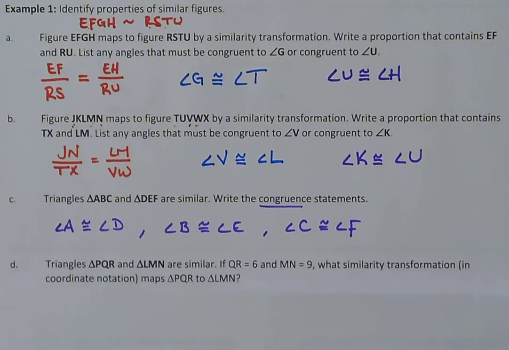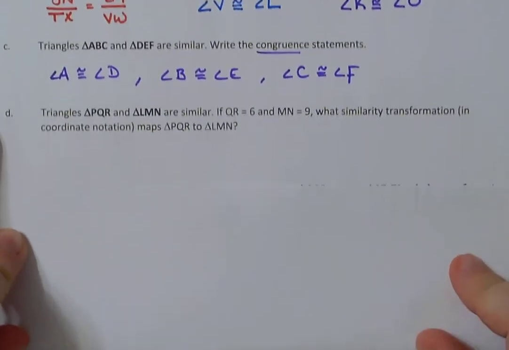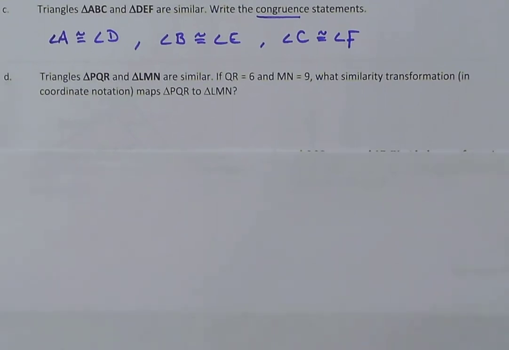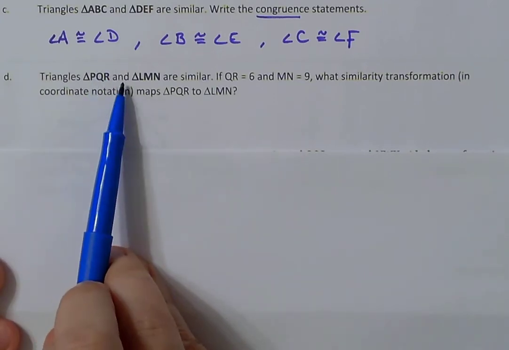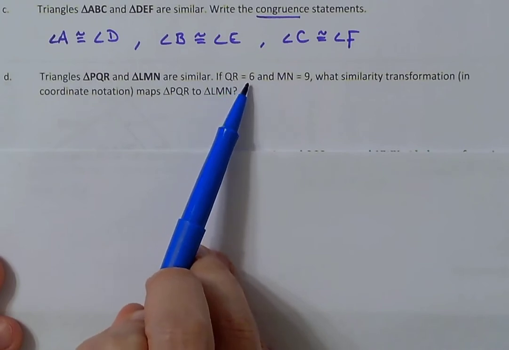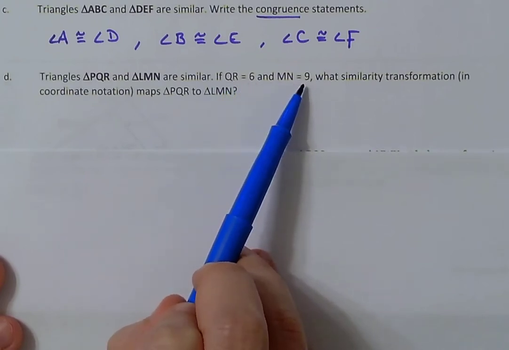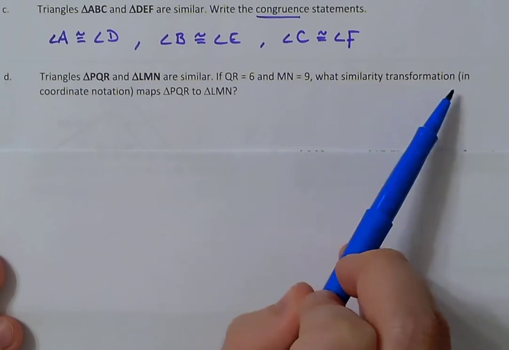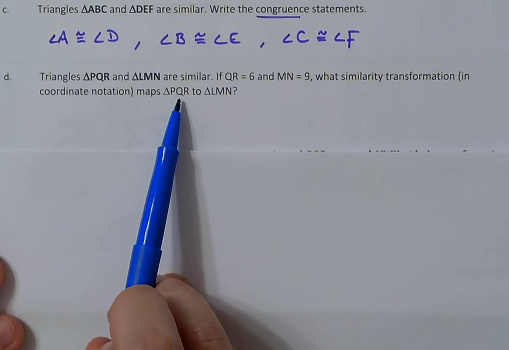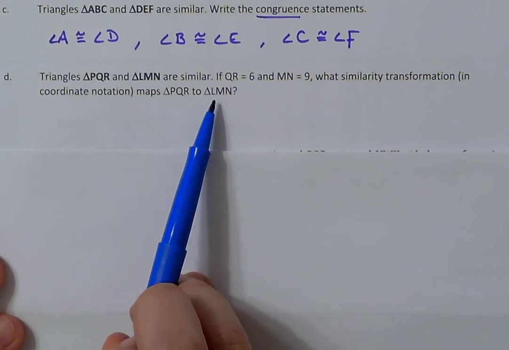All right, next, let's take a look at part D. For part D, triangles PQR and LMN are similar. If QR equals 6 and MN equals 9, it wants to know what similarity transformation in coordinate notation maps triangle PQR to triangle LMN.